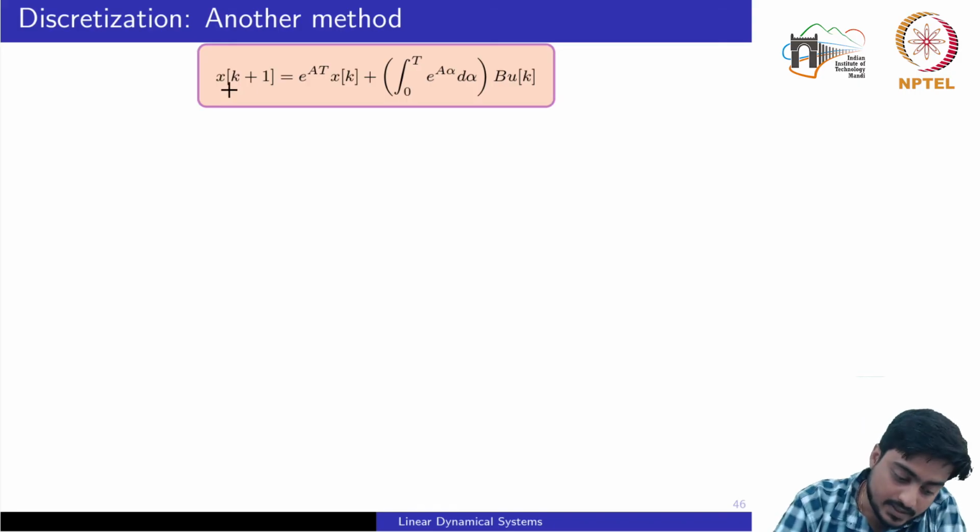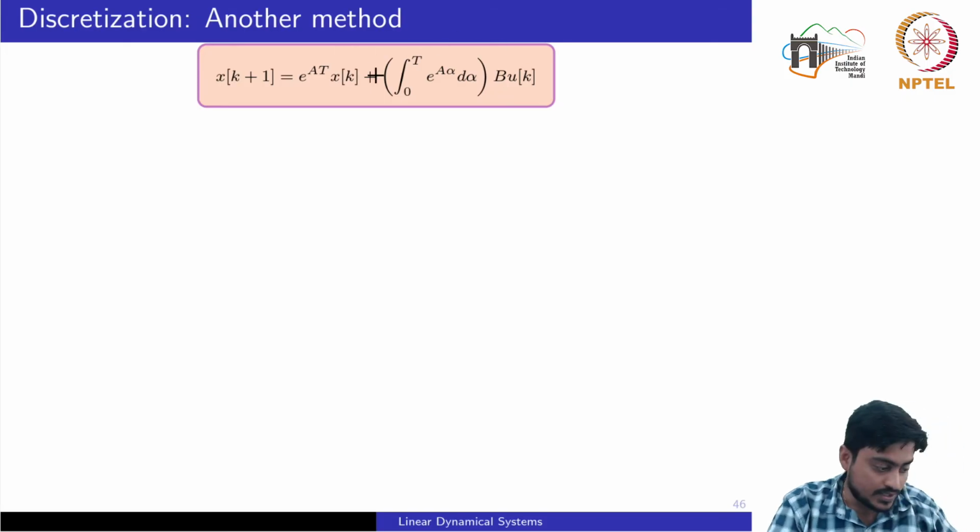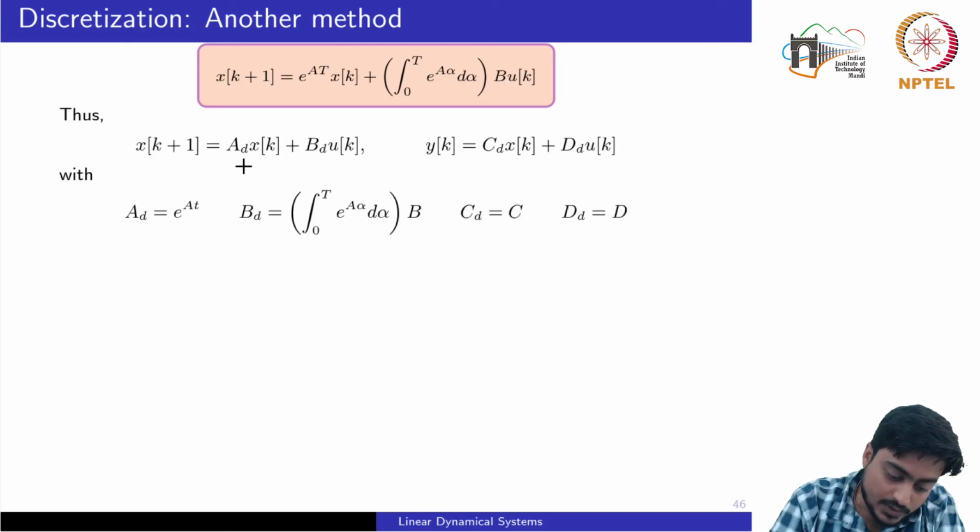So we have x k plus 1 is equal to e to the power AT x k plus this one, which I can write into the discrete time state equation as AD, BD, CD and DD, where AD is equal to e to the power AT and BD is this whole expression.